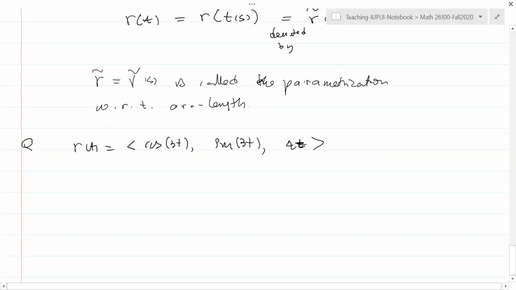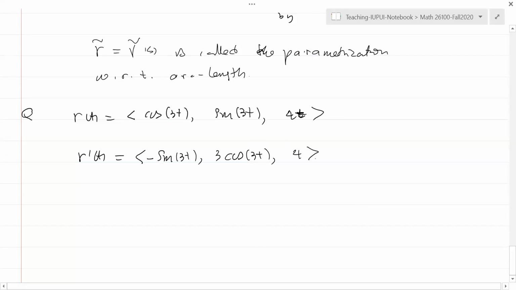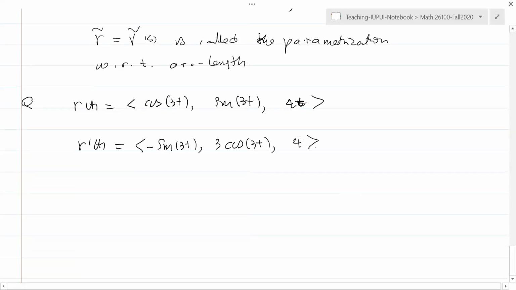But r prime of t is going to be negative sine 3t, 3 cosine 3t, and 4. Since the length is constant, let's try to find out.